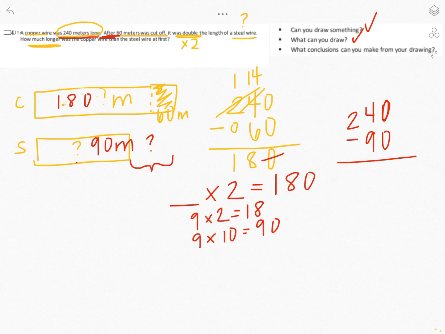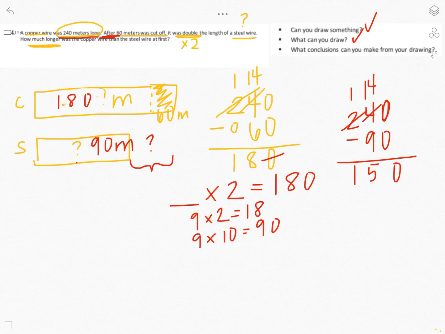In order to solve that, I've got to subtract. So I've got 0 minus 0. 4 minus 9, I can't do that, so I've got to borrow. Bringing over 10, it becomes 14. 14 minus 9 is 5, and 1 minus 0 is 1. Now I want to check that.